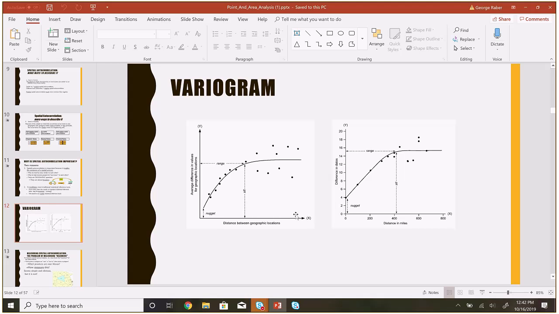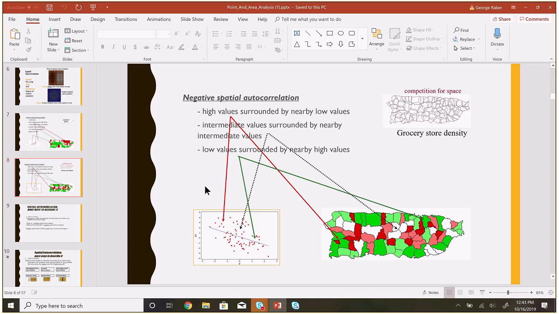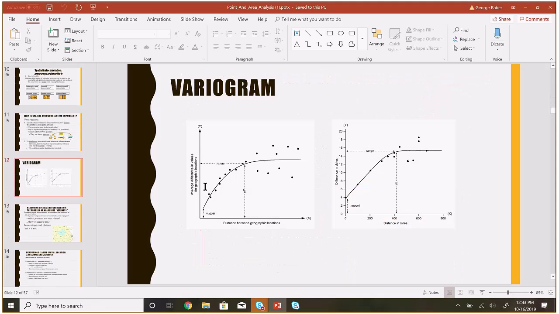They're really, really far away from each other, but they had the same value, right? So that is the variogram. Sometimes you'll see spatial autocorrelation output, and they'll show you the variogram, and sometimes they'll show you the correlation, the scatter plot.